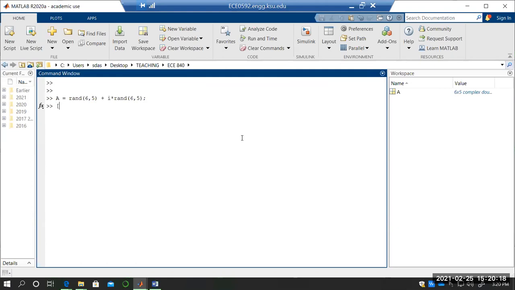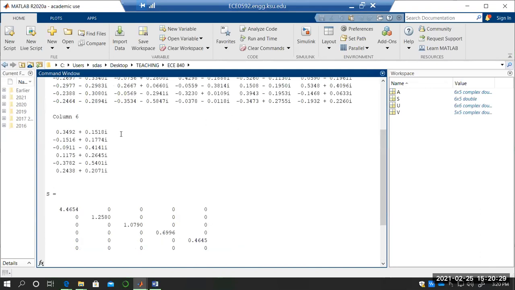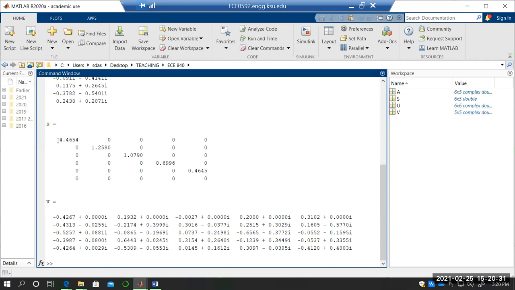So [U,S,V] equals SVD of A. These are the singular values. Yes, they are all real and positive. And you also see that they are all sorted. This is sigma 1, 4.4654, 1.2580, 1.0790, and so on, correct?